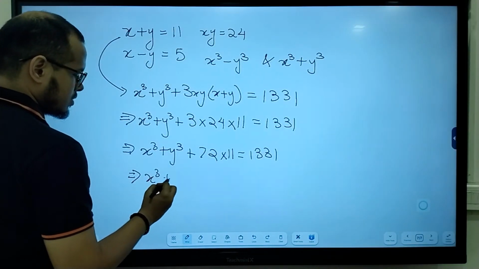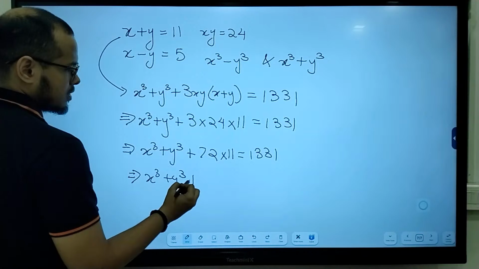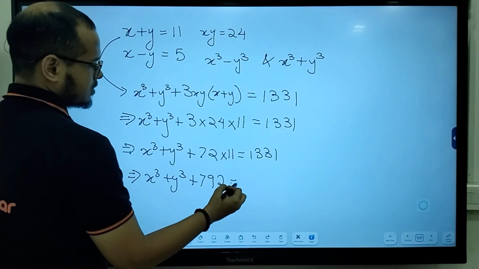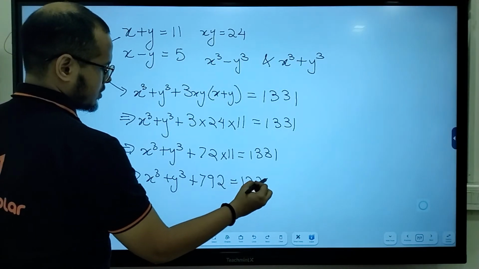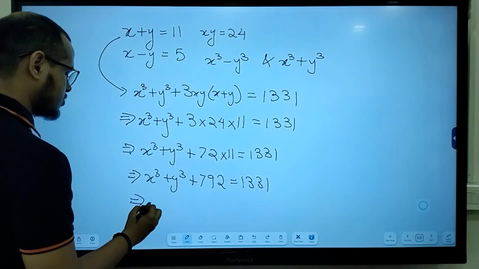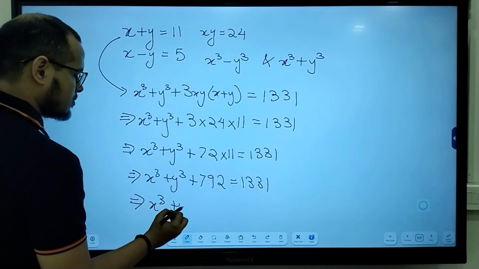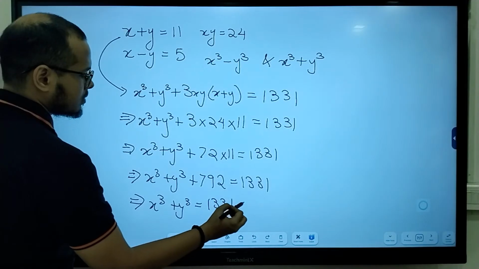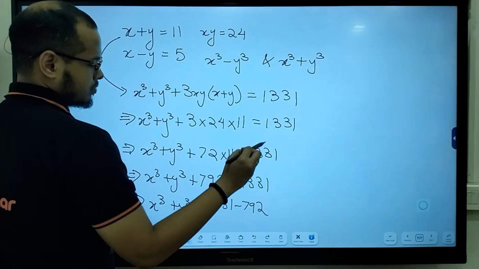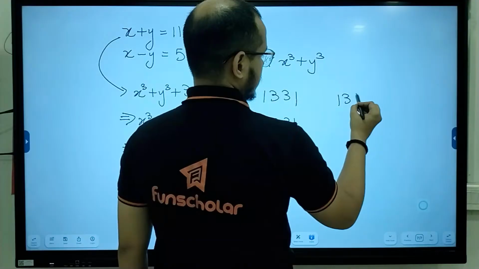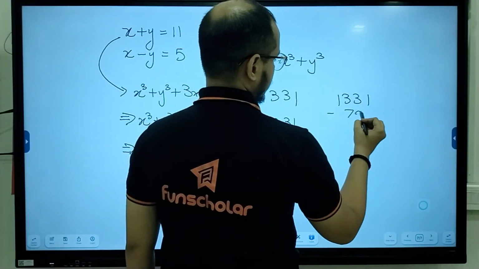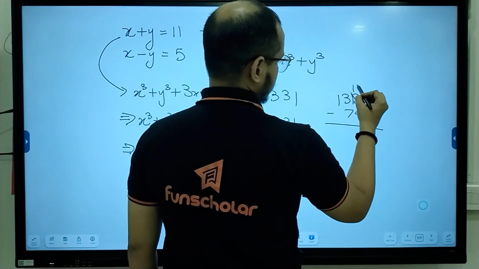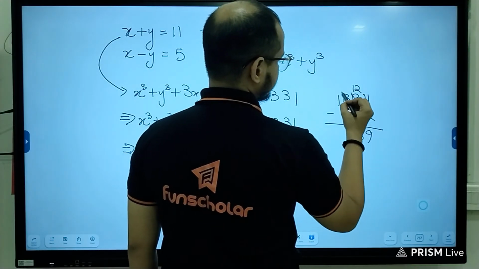X cube plus y cube plus 792 is equal to 1331. So x cube plus y cube will give us 1331 minus 792, which is 539.